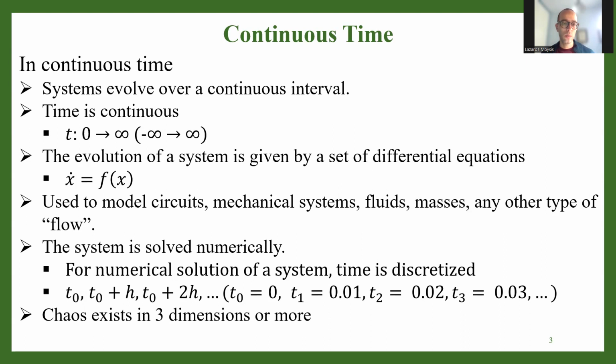What does that mean? Differential equations are used to describe circuits, any type of mechanical system or robotic system found in nature or artificial, any sort of fluid motion. We can generally say any sort of masses that are interacting in the environment. So these are the types of systems that are described by differential equations.